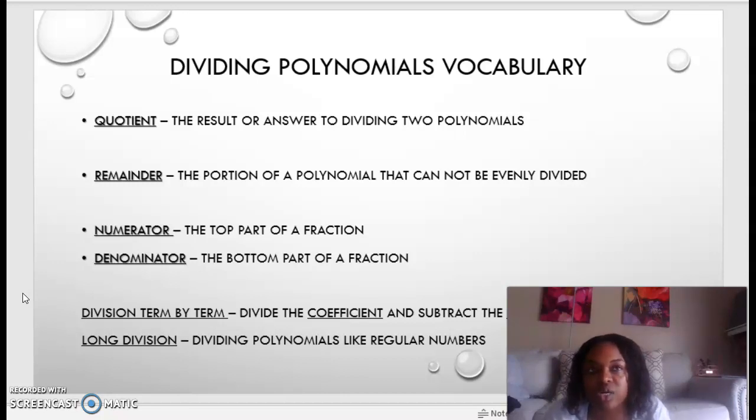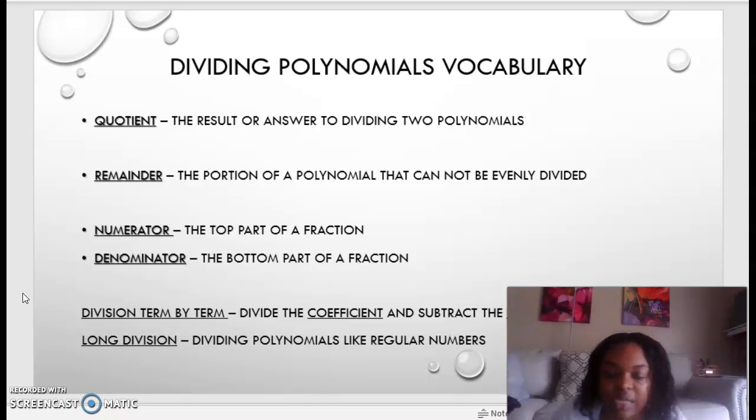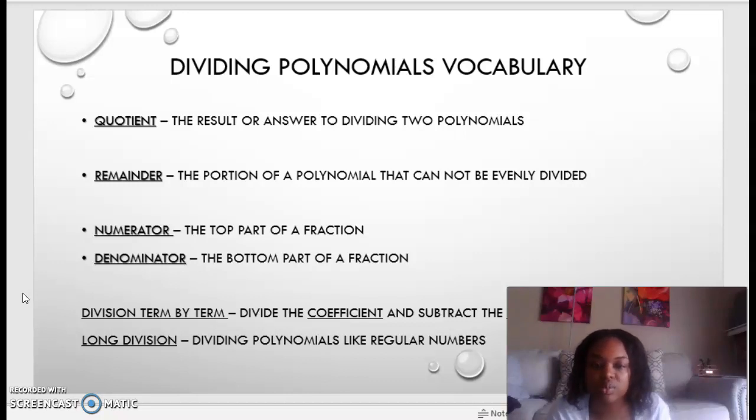So if we were, for example, to divide 17 by 8, you're going to get a decimal. Using real numbers, you'll get a decimal. So we call that having a remainder. With polynomials, it's the same idea, except it won't necessarily be a decimal. It'll be some number or variable that doesn't evenly go into another polynomial.